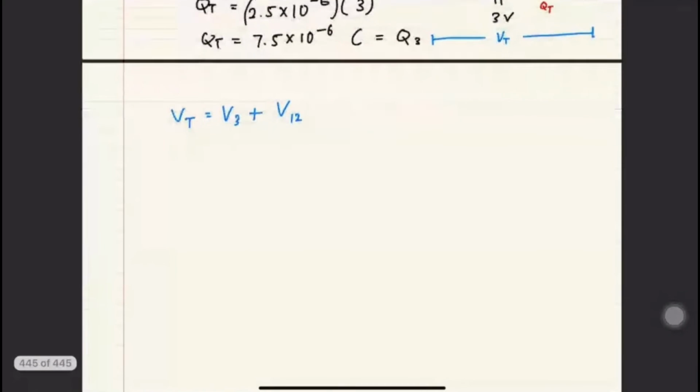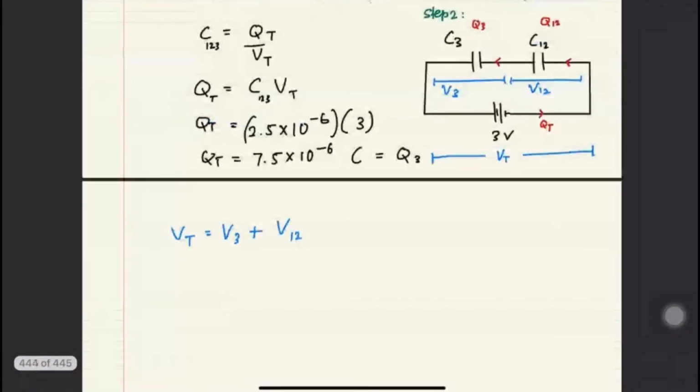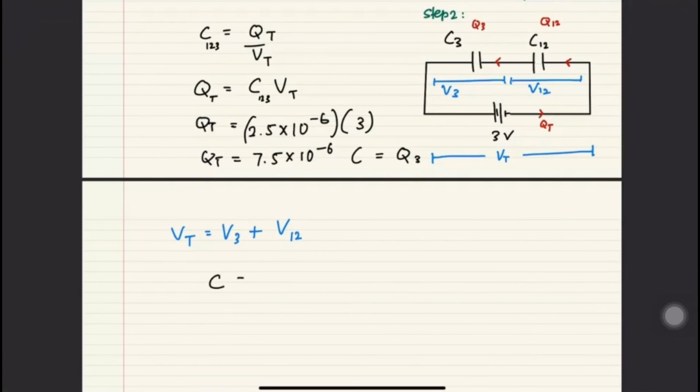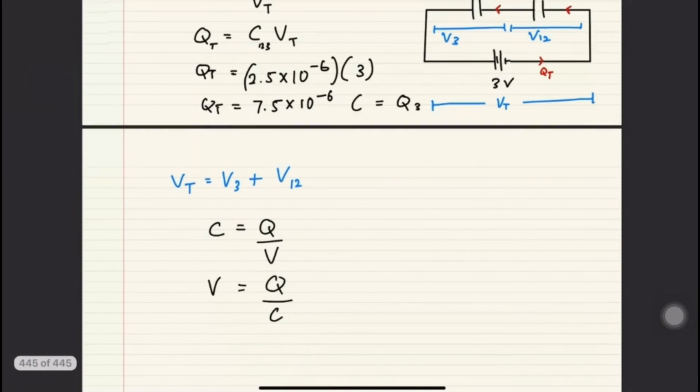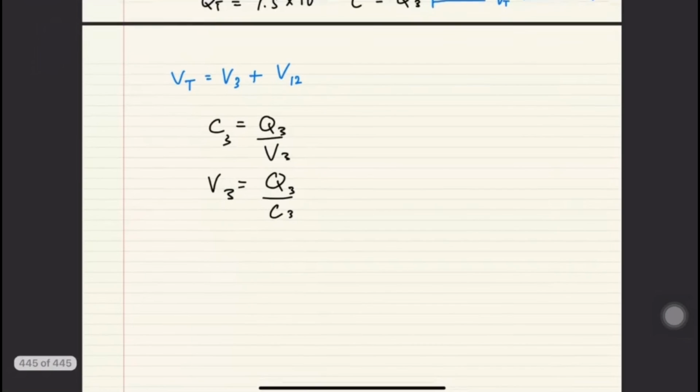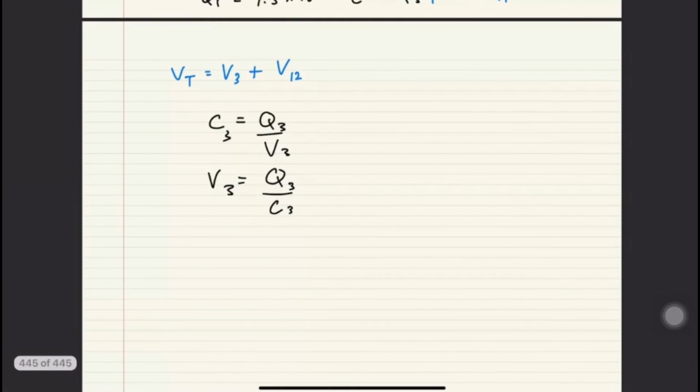Macam mana? Pakai formula sama juga. C sama dengan Q over V, tapi kita nak cari V. Pembiasan tu. Yes, Q over C. So V3 tadi adalah kita nak cari.